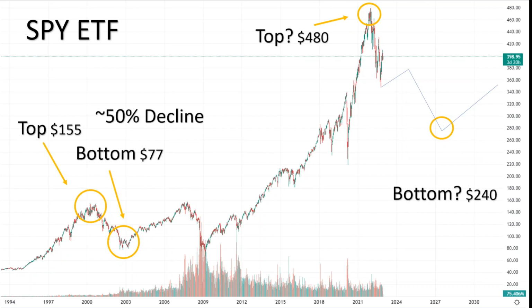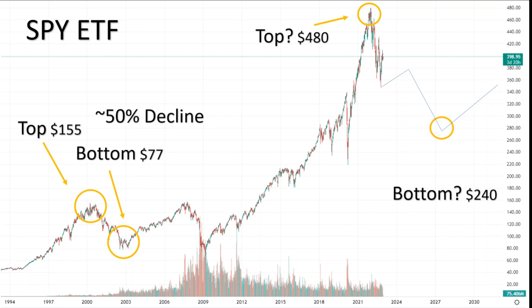And here I drew a hypothetical scenario where the market could bottom. The market may keep on a downward trend until 2028, which is about 6 years away from today. And after this point, we may see the market start to recover.